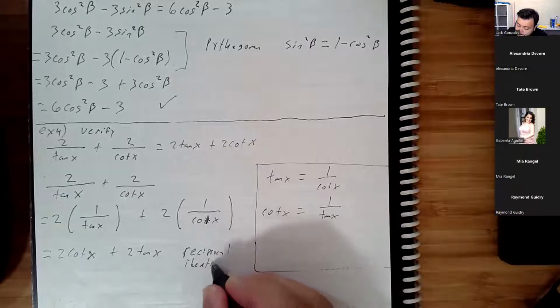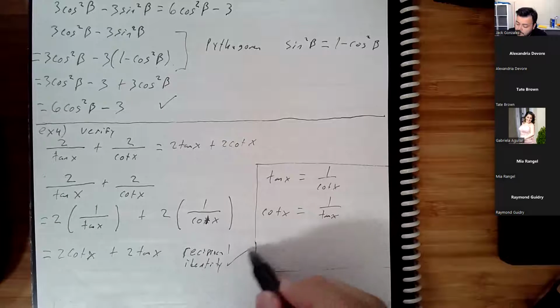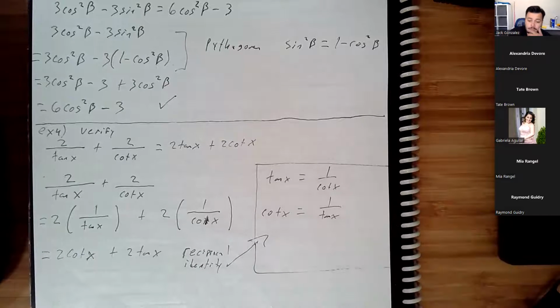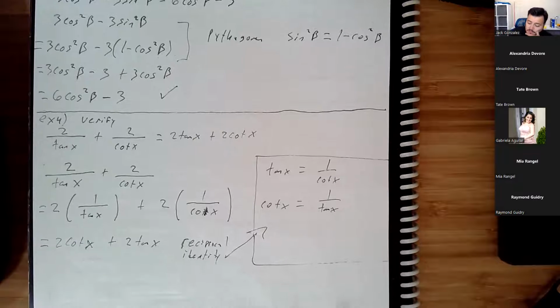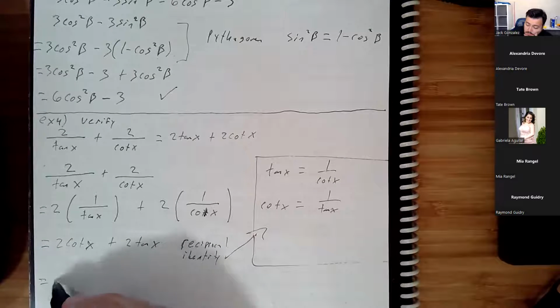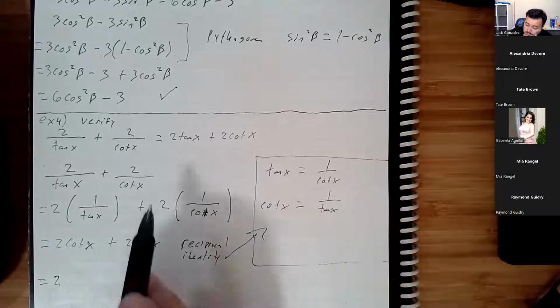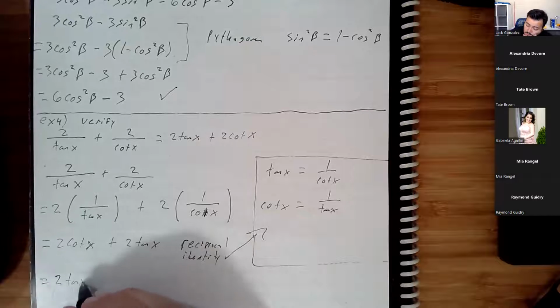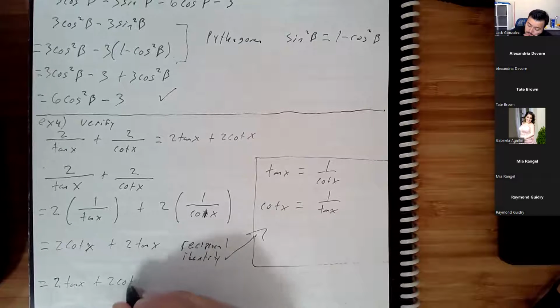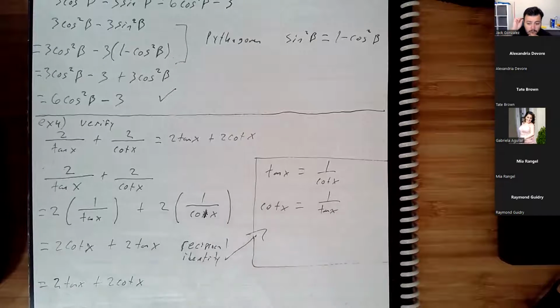Reciprocal identity, that's what these were. At that point, you see where we are, where we wanted to go. We show that the original is equal to 2 tan plus 2 cotan. Any questions on any of those steps? Does that make sense?